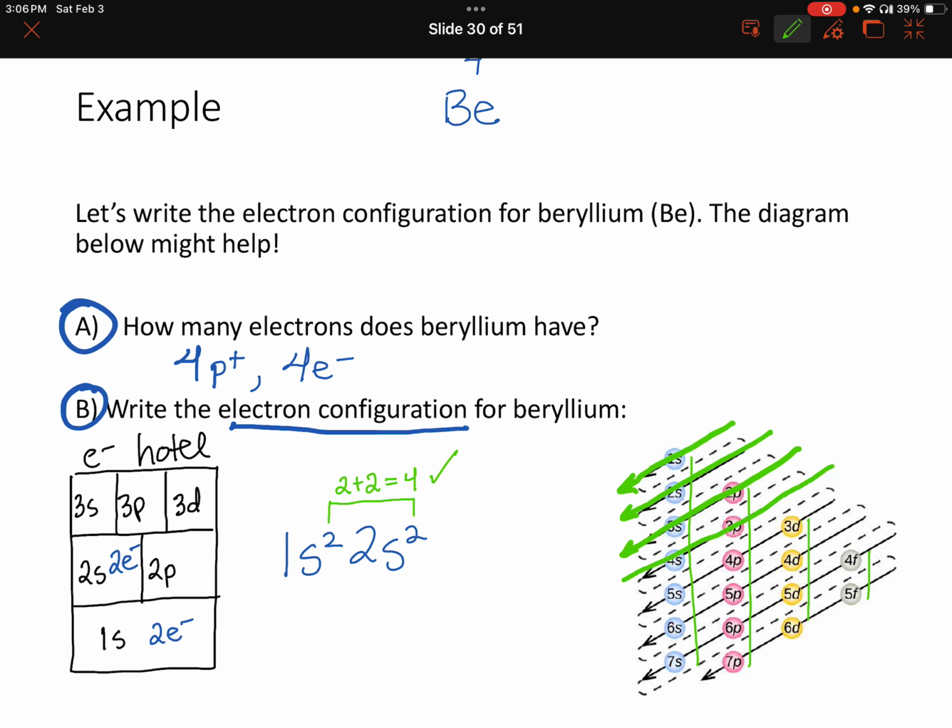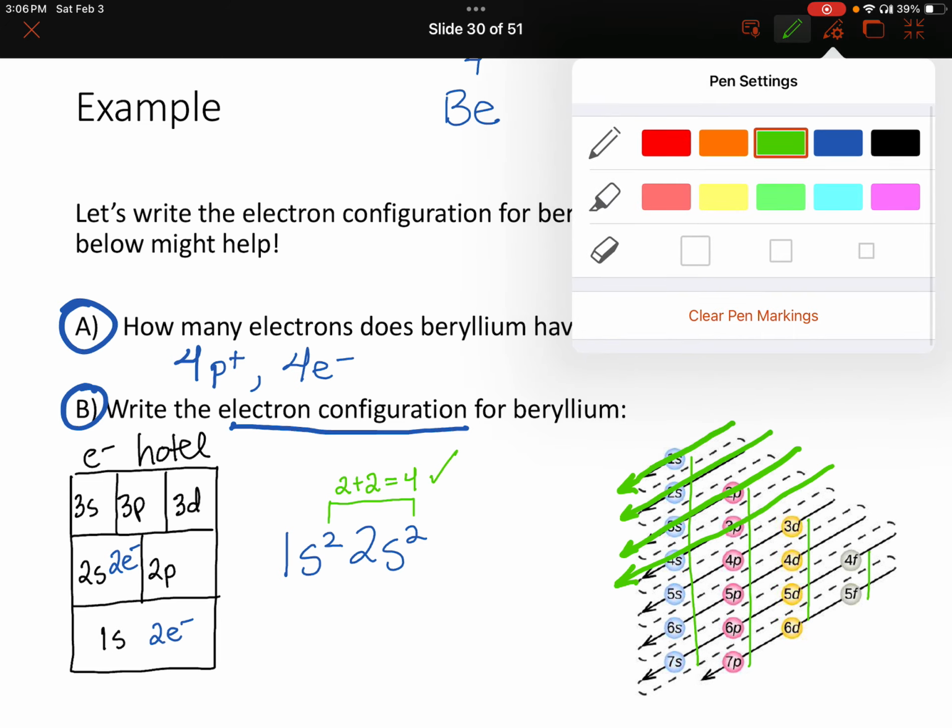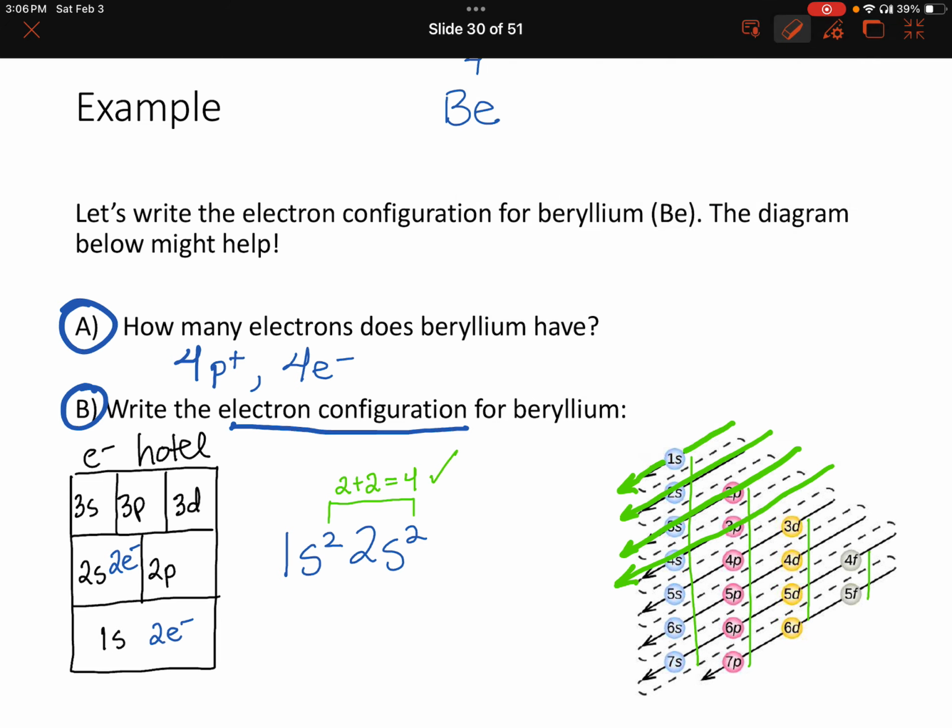So it's kind of diagonal through them. So you'll notice we hit the 1s subshell first, then the 2s, then 2p, then 3s, then 3p, then 4s. So if you want to think of it that way, you can, but if you want to just think about the electron hotel, that's fine too. Whatever works with your memory, because everyone remembers things differently, right?